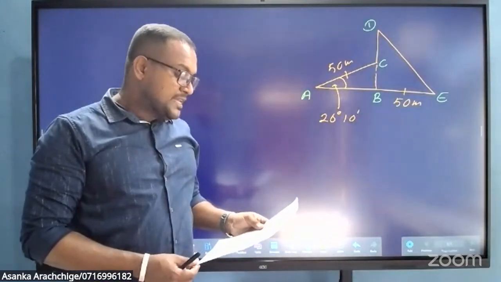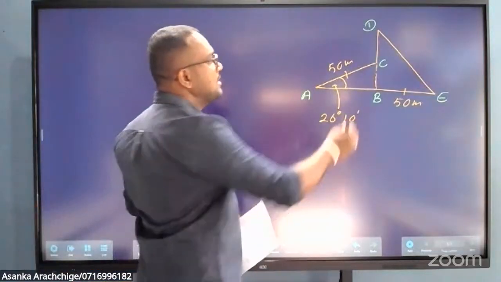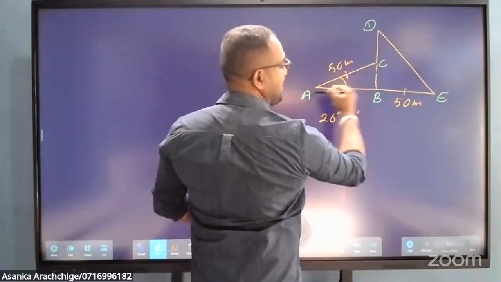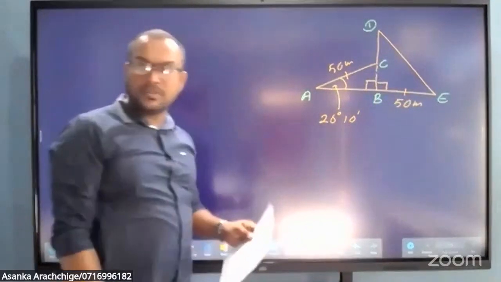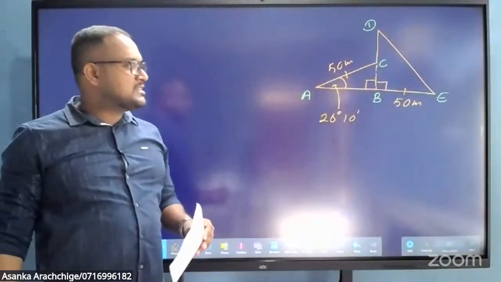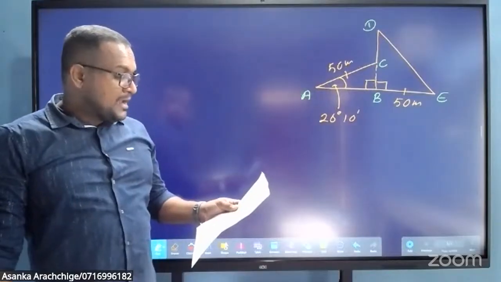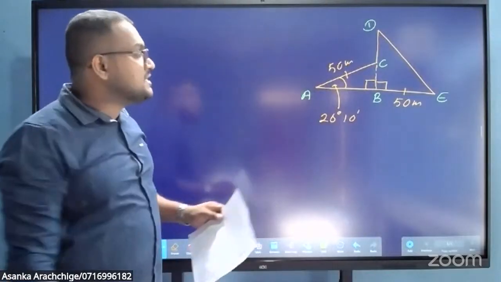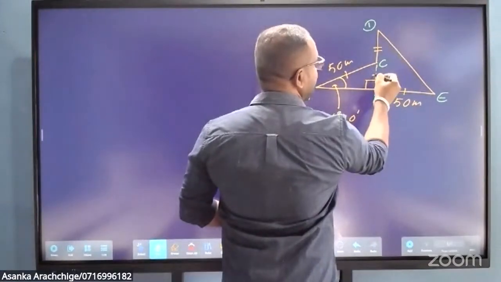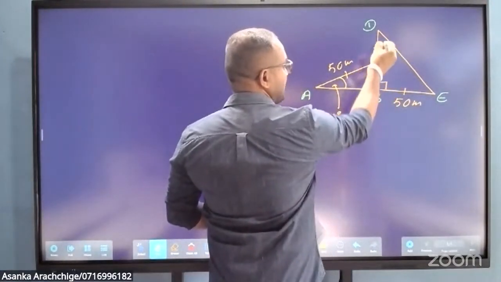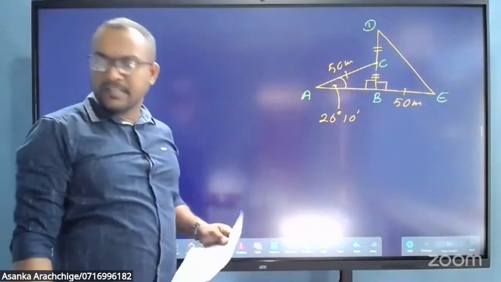And BCD is perpendicular to ABE. BCD මෙන්න මෙයාට perpendicular නම් මේ දෙපැත්තෙන්ම right angles එනවා. Then on both sides there must be right angles. And DC is equal to BC, which means C is the midpoint of DB. පැහැදිලිද? හරි.